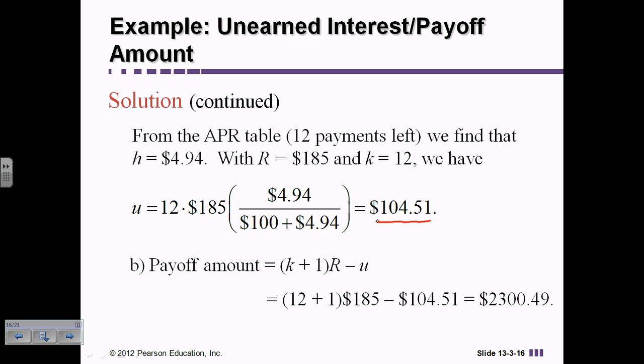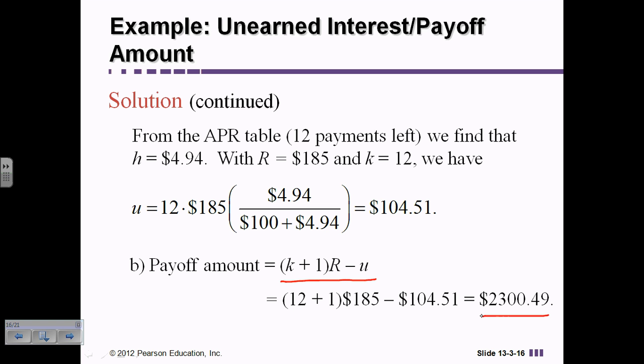So for the payoff amount, we take that formula, where K is how many months are left and R is your monthly payment. There are 12 months left at $185 minus the 104 that they don't get, and so the payoff amount is $2,349.